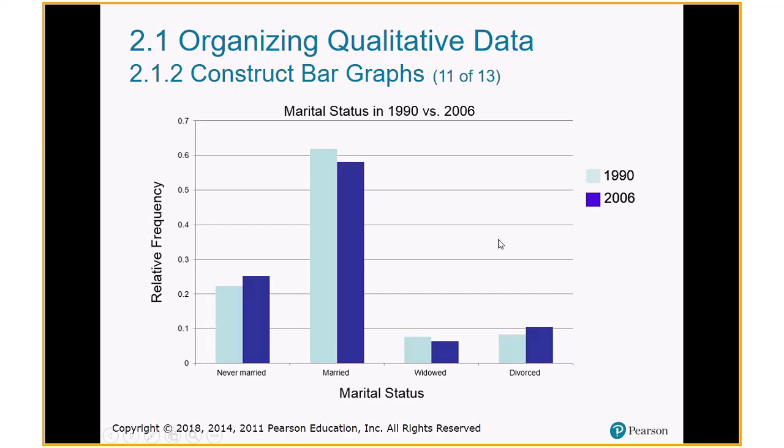Now, it's not much. Why did I not include the widowed in there? Because we don't have any control over that. People died in 1990 and we don't have any control over that. So I left that one out. But never married increased, married decreased, divorced increased. And they're also seeing that right now.